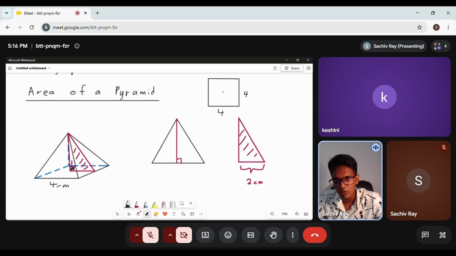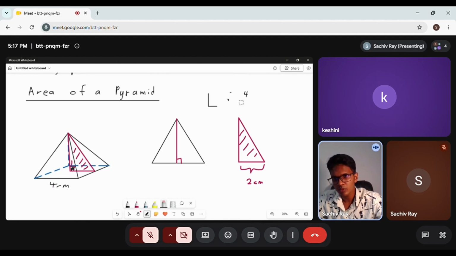Now to the center point, it will be 2 centimeters, and from this side also it will be 2, because that's how centers work. It has to be equal from all sides to be the center. Because of that, we can find that it's 2.